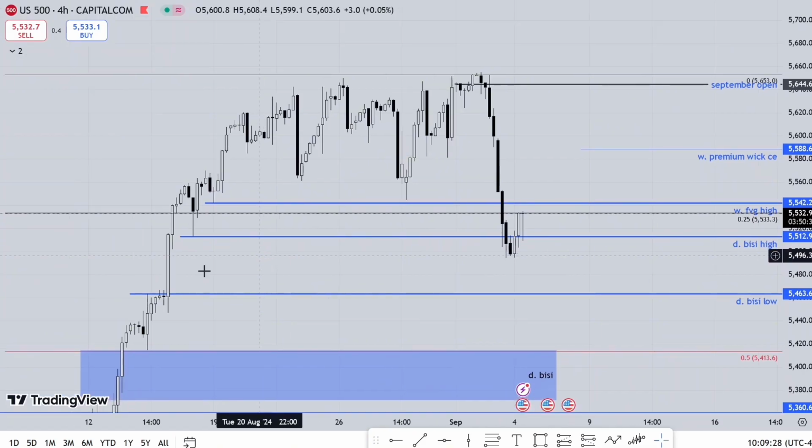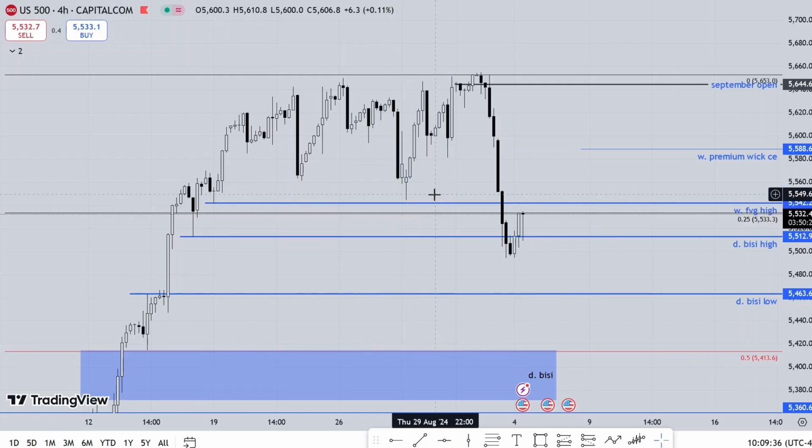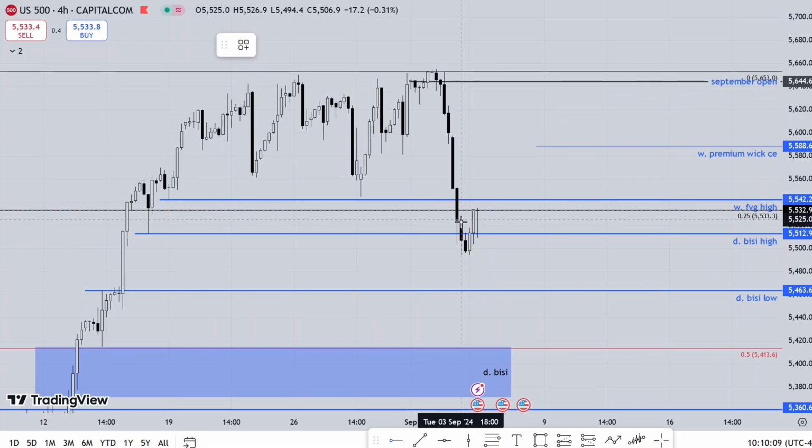So here you have this imbalance here. Price trades down inside of this imbalance, taking out these lows here and also these lows. So we've gone to a pool of liquidity now inside of an imbalance. Now you are interested in this BC, this current BC that price is currently working inside of.